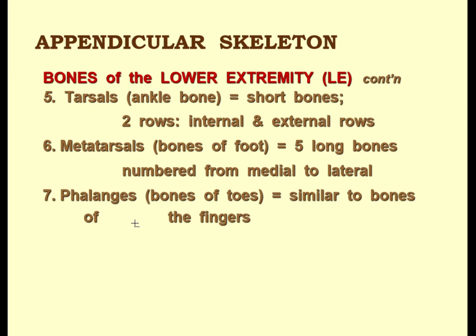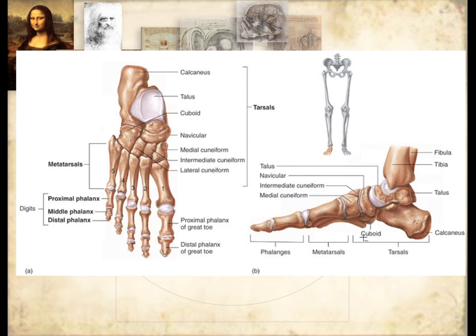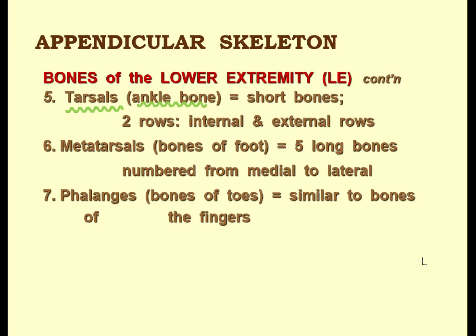Clear here? Next are the bones of the lower extremity. Next we can see the tarsal. The tarsal is the ankle bone. You can see here, this is the tarsal. It is a short bone.